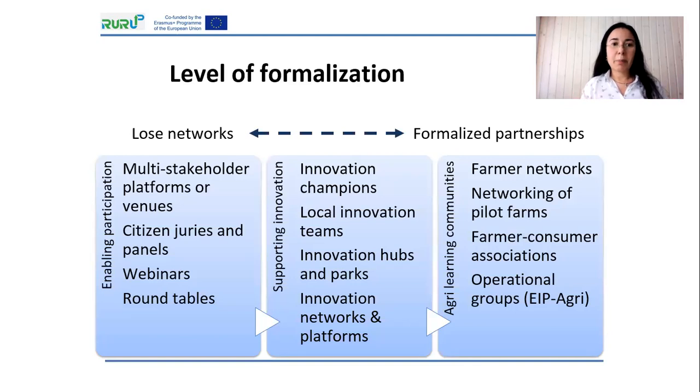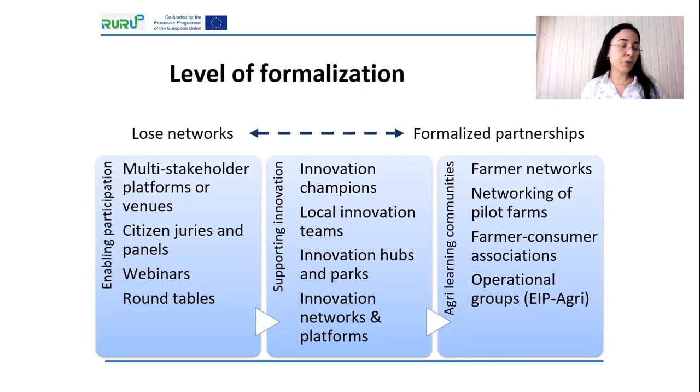When we speak about participatory processes, including innovation processes, we also consider the level of formalization of these interactions in the participatory process, whether it's horizontal or vertical. We have a different level of formality in the organization.